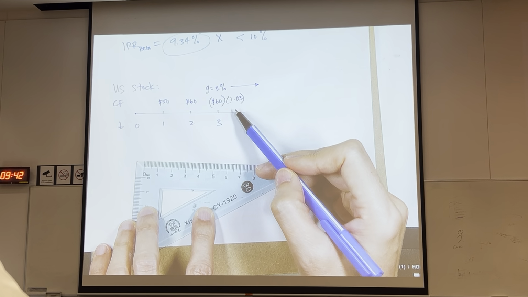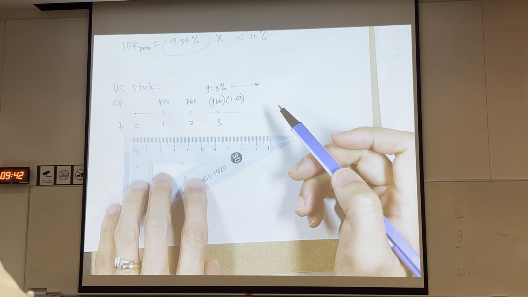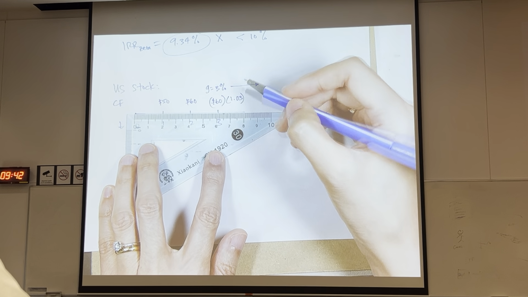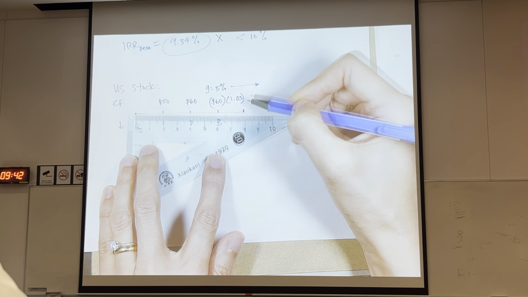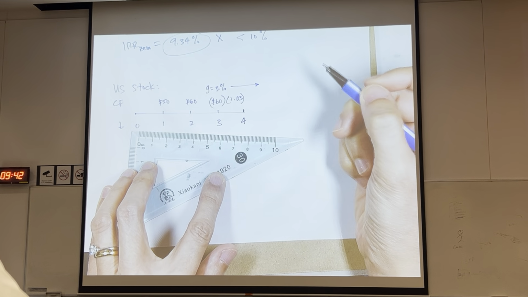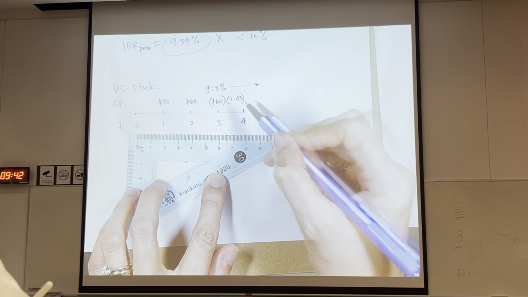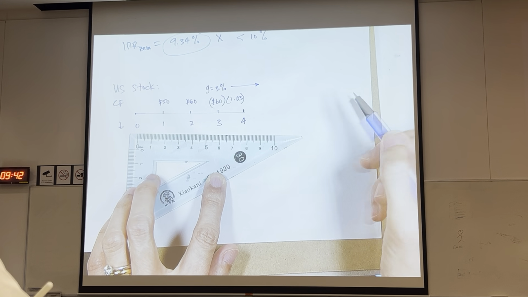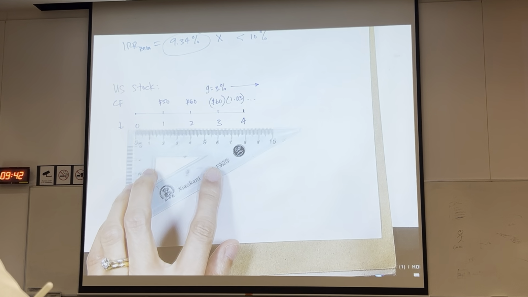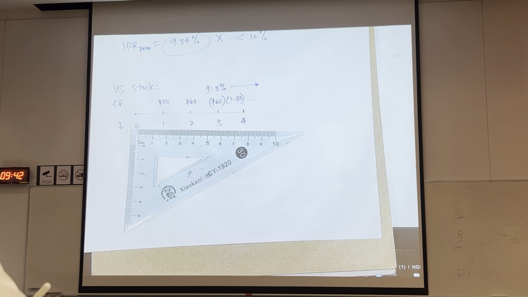That would be next year's cash flow. And then the following year is 60 times 1.03 squared, right? And so on, right? So it will just keep growing by 3% every year.